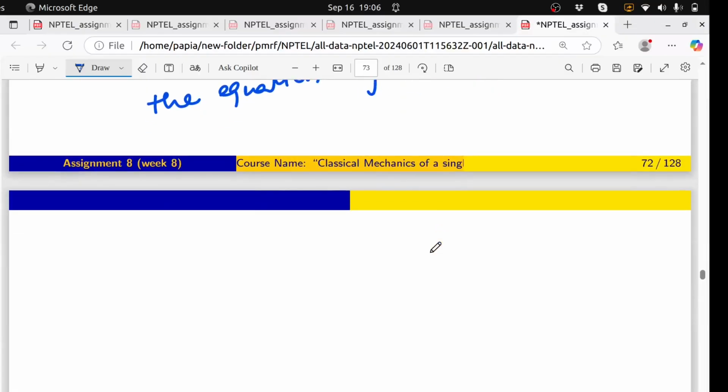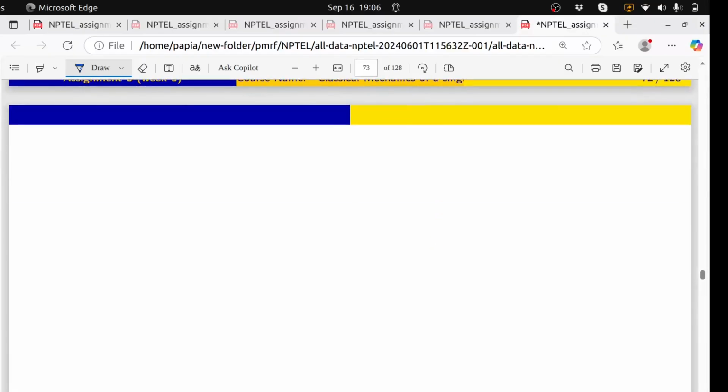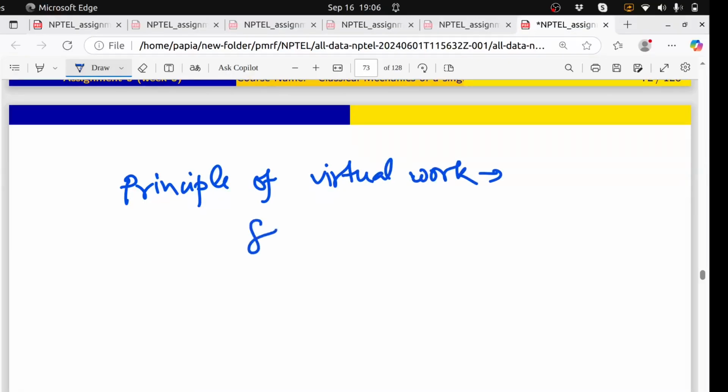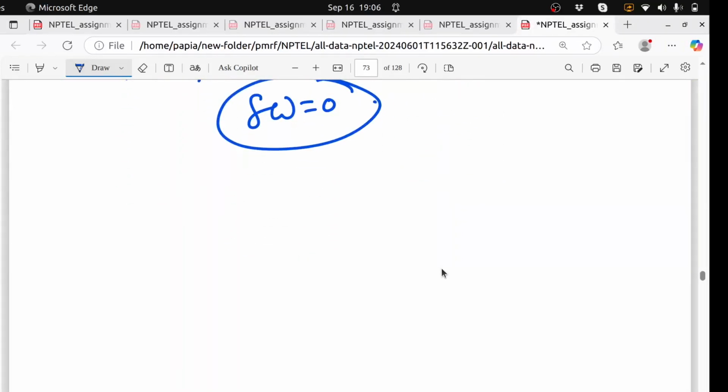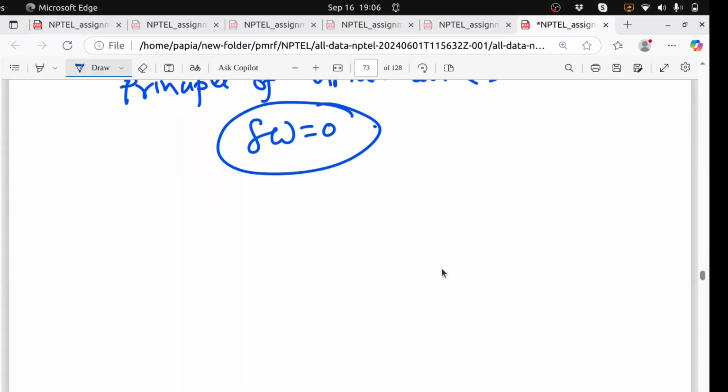So we told that the principle of virtual work tells us that delta W equals 0, where delta W is the total virtual work done by all the applied forces with the virtual displacement.